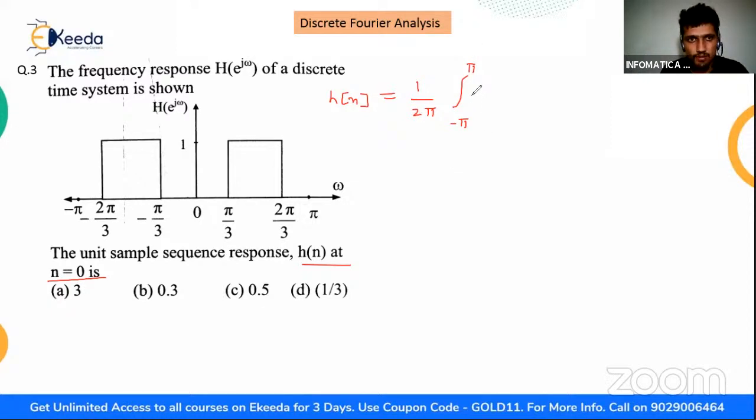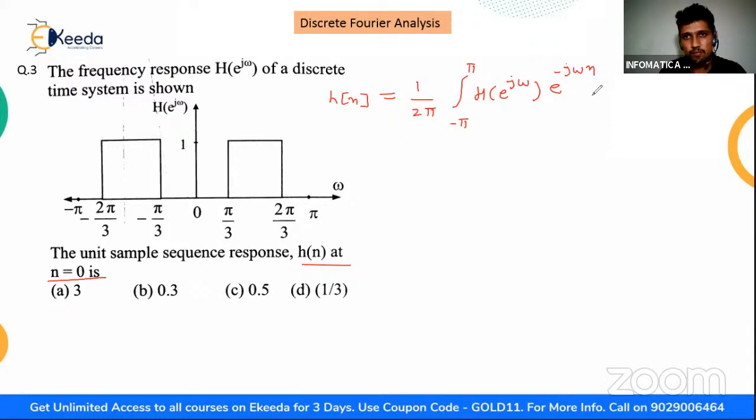Of H e to the power j omega multiplied by e to the power minus j omega n d omega.